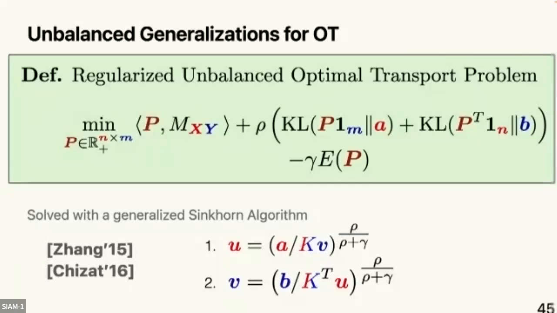The exponent is just rho divided by rho plus gamma, so it's strictly smaller than 1. It's very easy to see that when rho goes to infinity, this exponent converges to 1, and so we fall back on the original Sinkhorn algorithm. Here we have something that is a bit in between. It's going to produce a matrix which will be a coupling, but it won't have the right mass. It will deviate a bit in row sums and column sums from A and B.